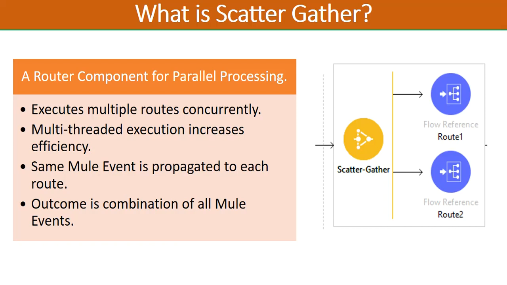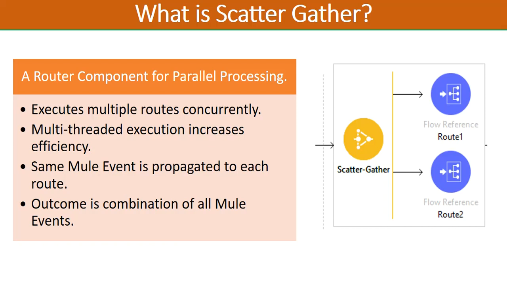For this type of situation, we go with scatter gather, and it allows us to have parallel processing in a way that a certain number of processors are executed at the same time.